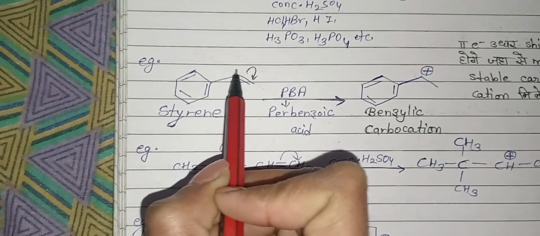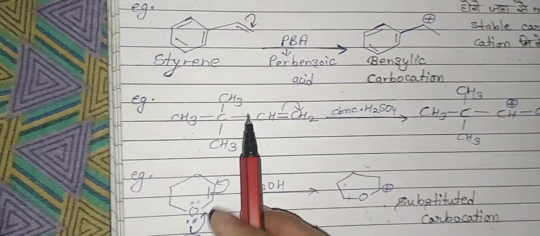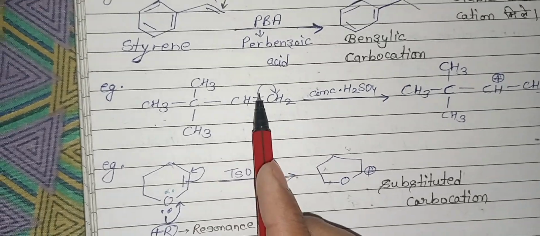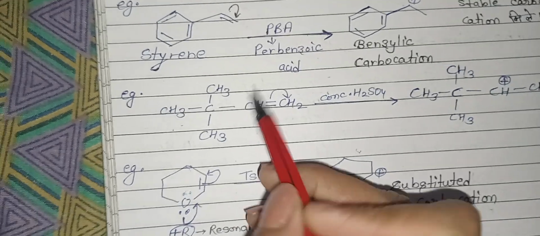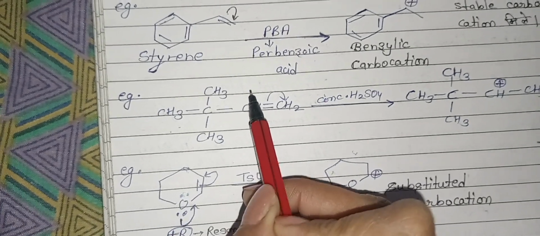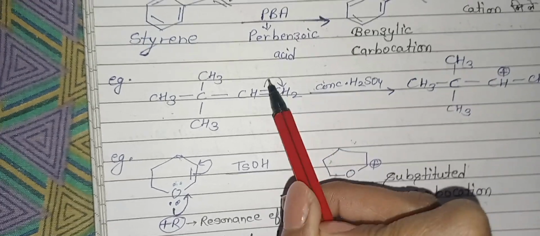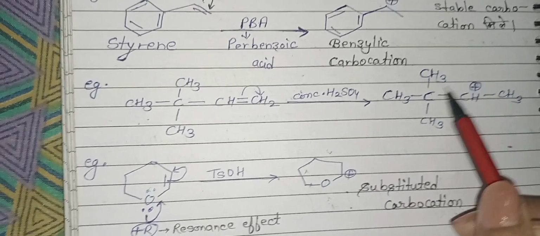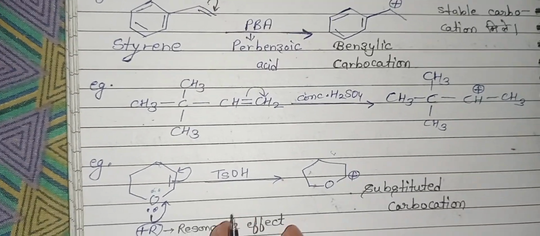So this double bond shifts here, we have a positive charge here and a negative charge there, and this acid gives H plus ions. So we have the product, and this is the most stable carbocation we get.